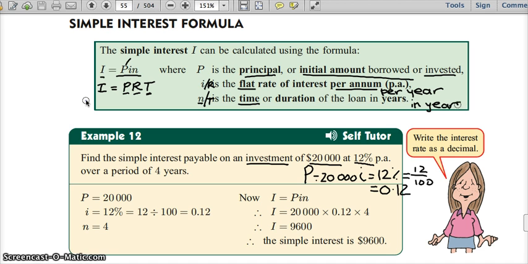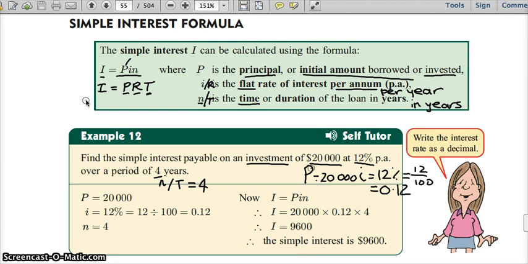In this question, it's for a period of 4 years, so your N, or T, is 4. You've got your 20,000, your 0.12, and your 4. PIN equals 20,000 times 0.12 times 4, and that equals 9,600.